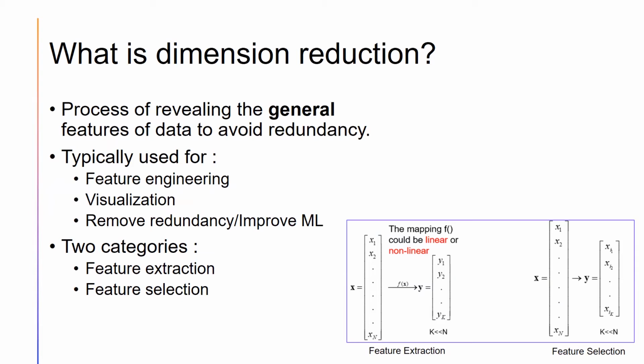The underlying thought process is that there's something general about the data that you can extract to represent it with fewer features. So it's useful for things like feature engineering, for 2D, 3D visualization, and just to improve performance and remove redundancy.